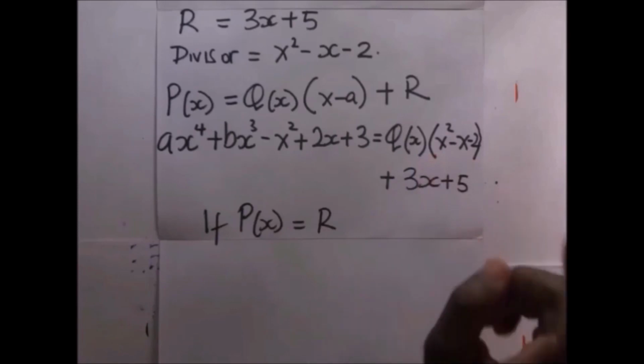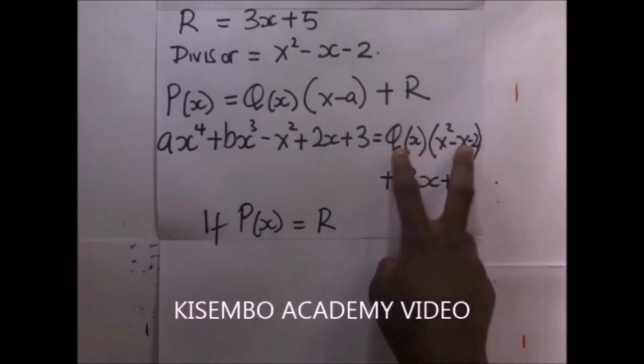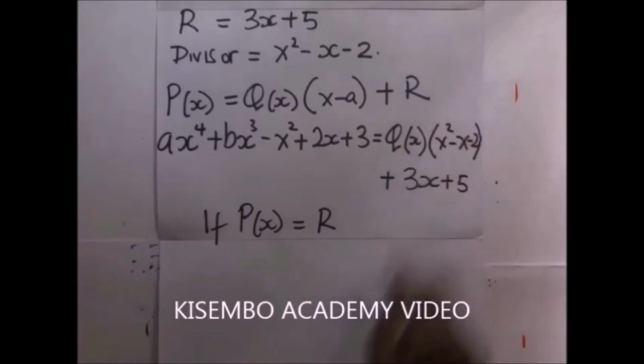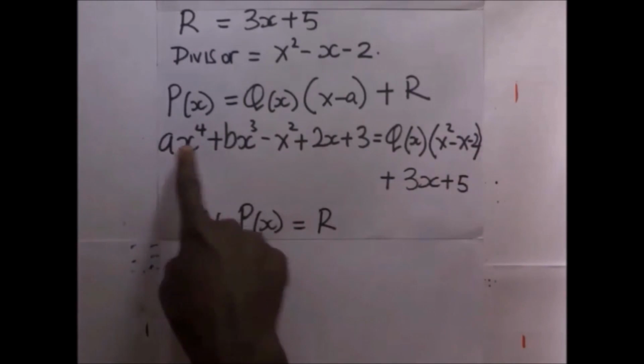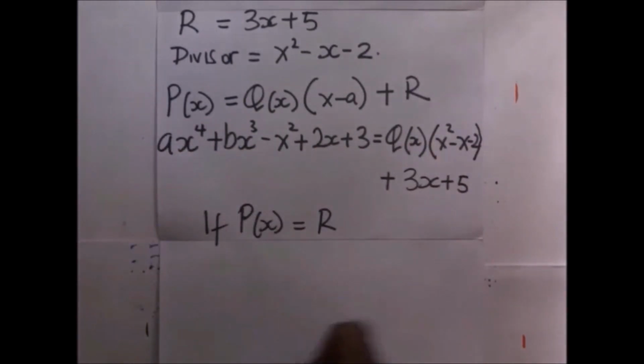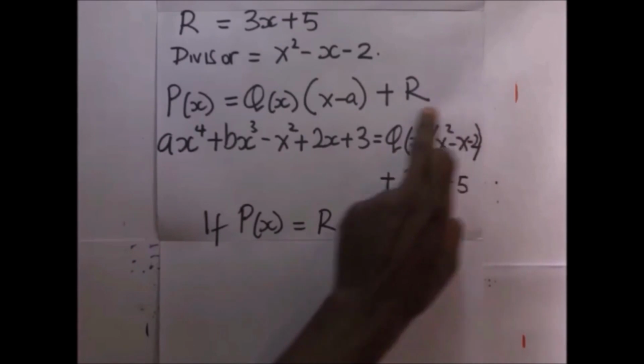So now let's get the values of x for which this term is equal to 0. After getting those values of x, we shall come back to this same expression and fill in those values so that we are able to get the values of a and b. So we are going to look for the value of x for which this term is equal to 0.